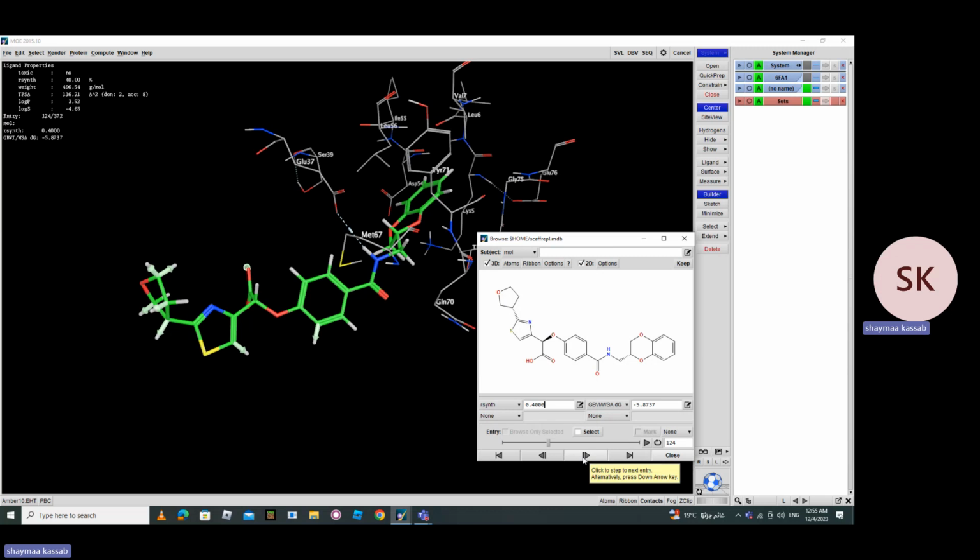But I think the idea now becomes very clear to you, and I hope you enjoyed this session and learned a lot from it, how to think of efficiently enhancing the potency of a small molecule inhibitor, by looking carefully into the chemical structure of the small molecule inhibitor side by side with the amino acids comprising the active binding site.